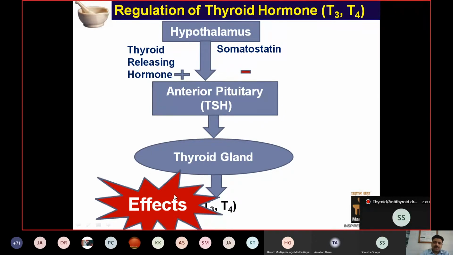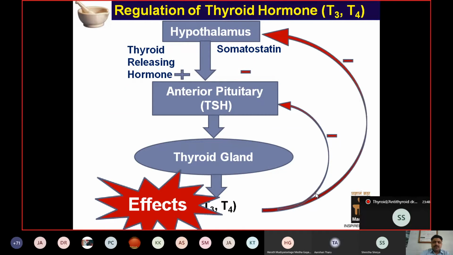Okay, so this is how the effect is produced, and the regulation of the thyroid is done first by somatostatin, which checks the release of thyroid stimulating hormone from the anterior pituitary gland. Not only that, when T3 and T4 are released, they send a negative feedback to the anterior pituitary gland, and that inhibits the release of thyroid stimulating hormone.